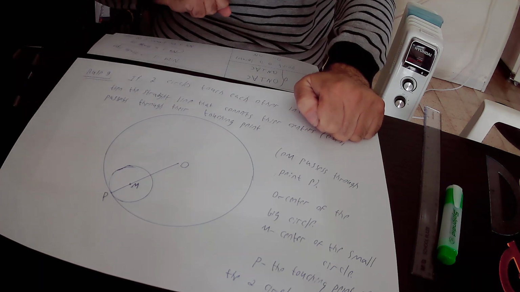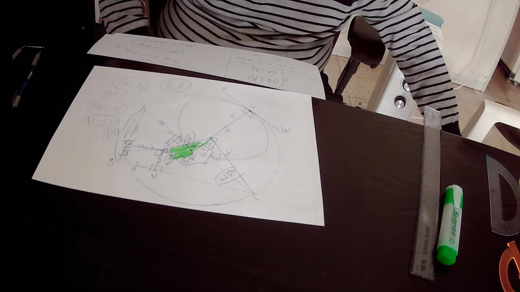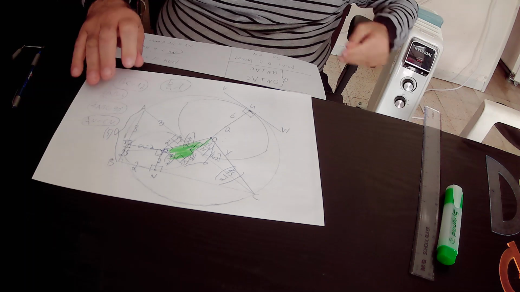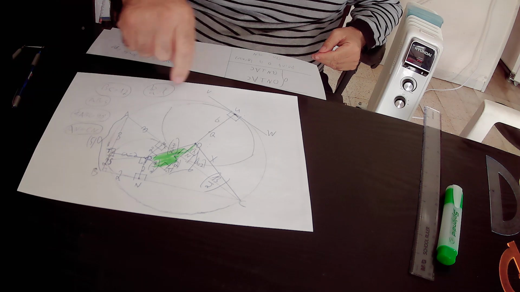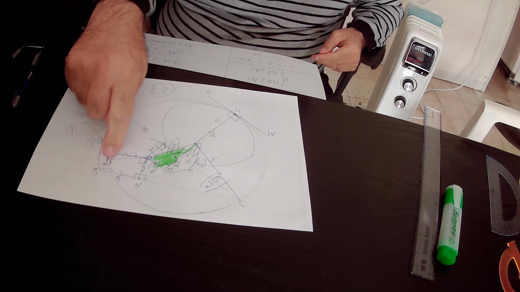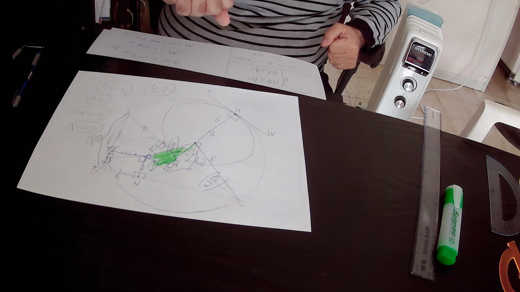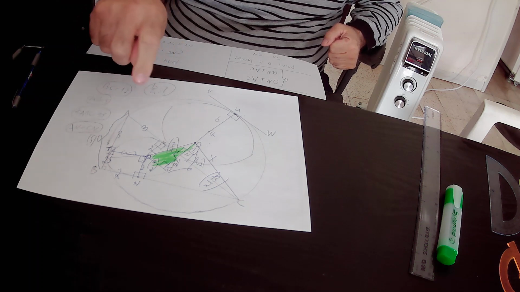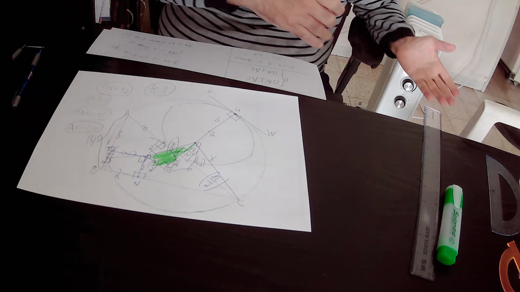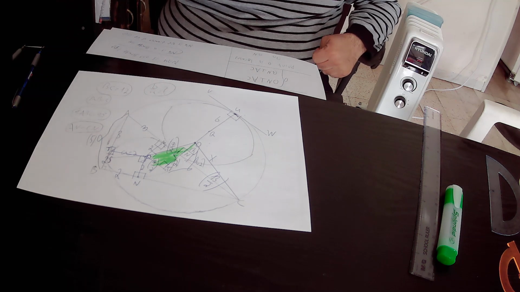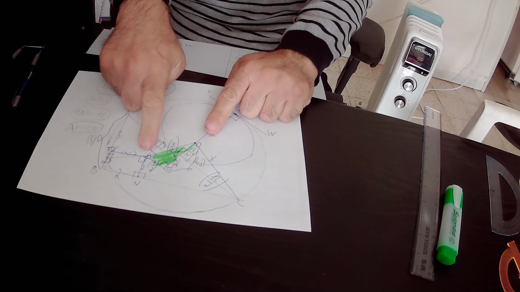We can implement rule number 9 in our drawing. Why? Because in our drawing, the smallest circle touches the biggest circle at this point, point S. Point S is the point of tangency between the two circles. Actually, they touch each other internally. Therefore, according to rule number 9, point O is the center of the bigger circle, point P is the center of the smaller circle.